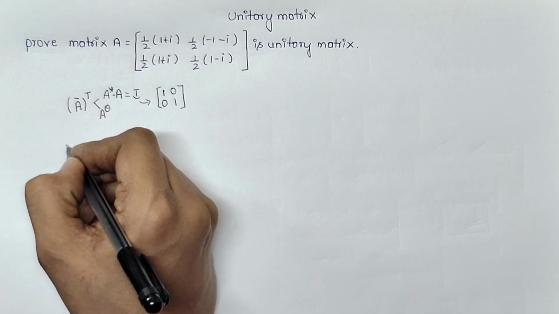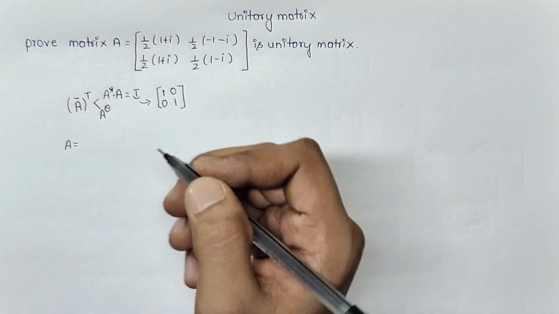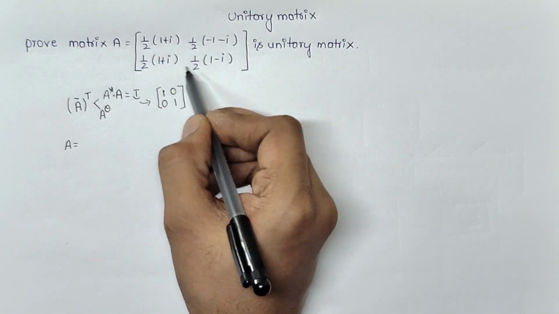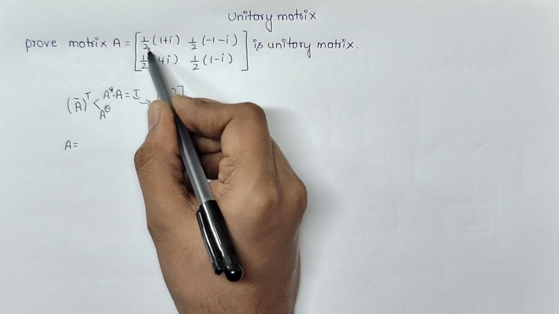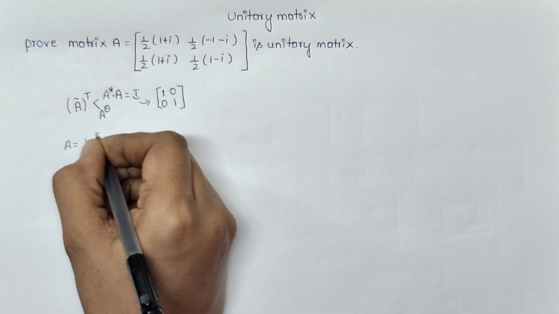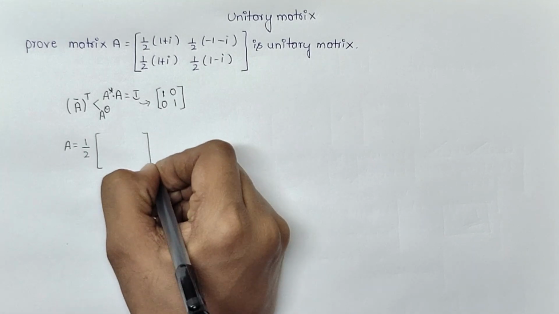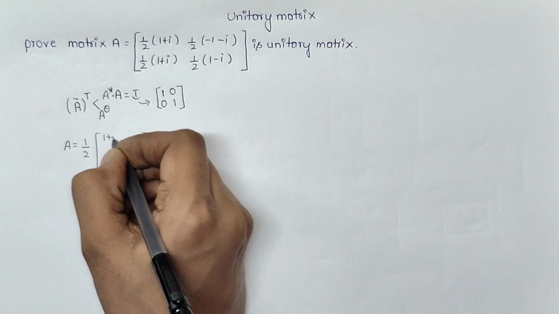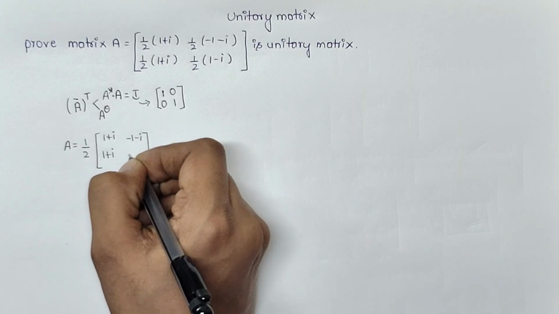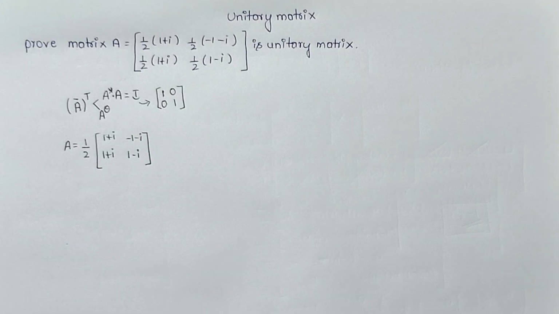So first let's take the common element which is inside the given matrix outside. If you see here, in all the elements inside this matrix, 1 by 2 is common. So let us take 1 by 2 common outside, and what will be left inside? 1 plus i, 1 plus i, minus 1 plus i, 1 minus i will be left as it is.